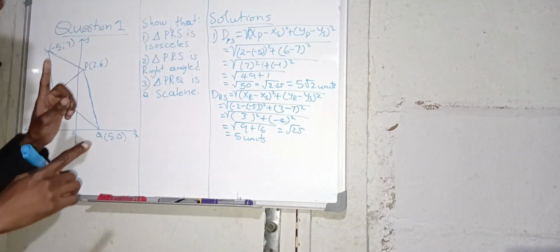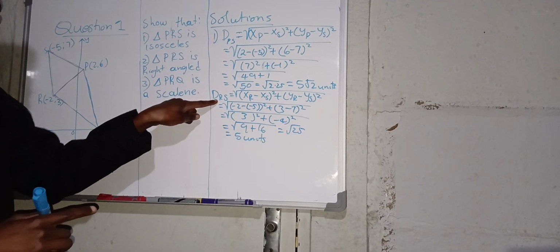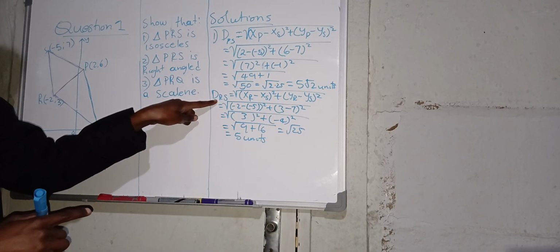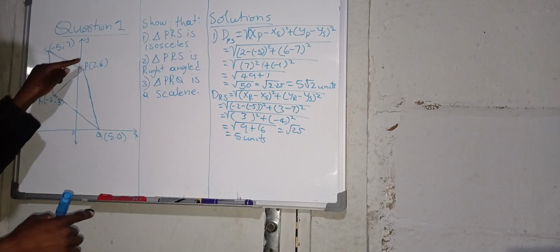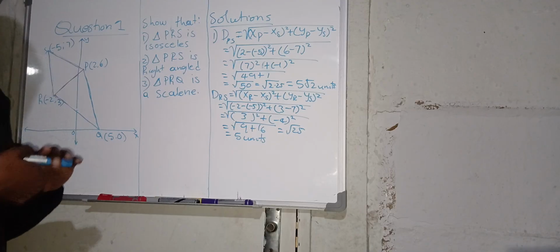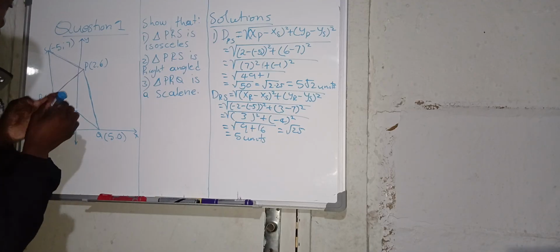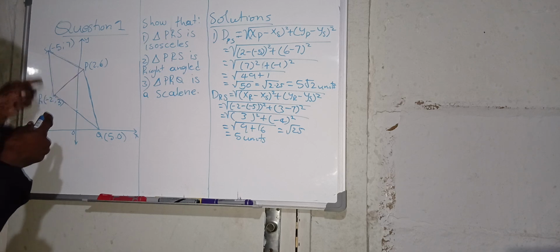So now it is clear that distance PS is not the same as distance RS. If PS is not the same as RS, you come again and check the other pair. We did PS and RS.